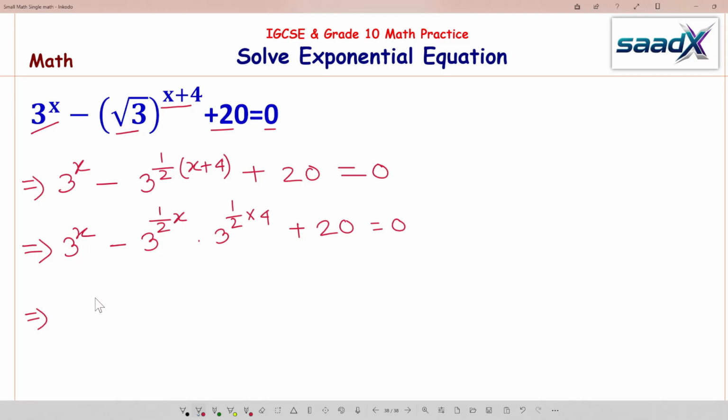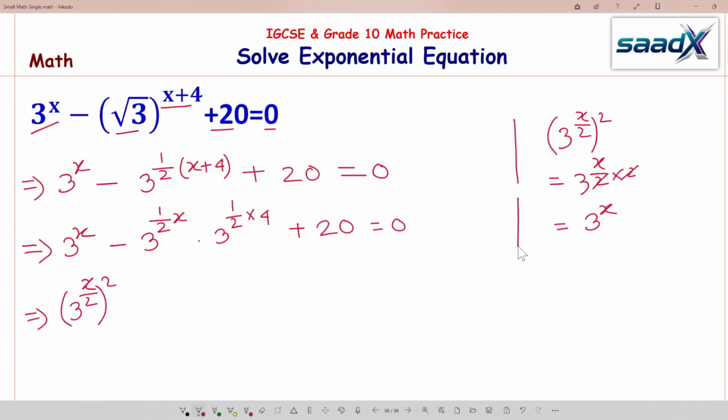So this one we can write as 3 to the power x by 2 squared. 3 to the power x by 2 squared means 3 to the power x by 2 times 2; the 2 and 2 cancel, and it becomes 3 to the power x. Minus 3 to the power x by 2 times 4 divided by 2 is 2, 3 squared means 9, plus 20 equals 0.